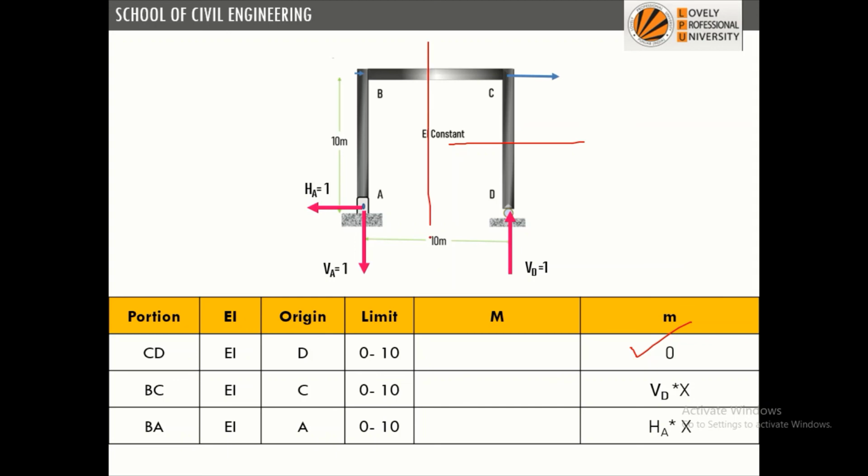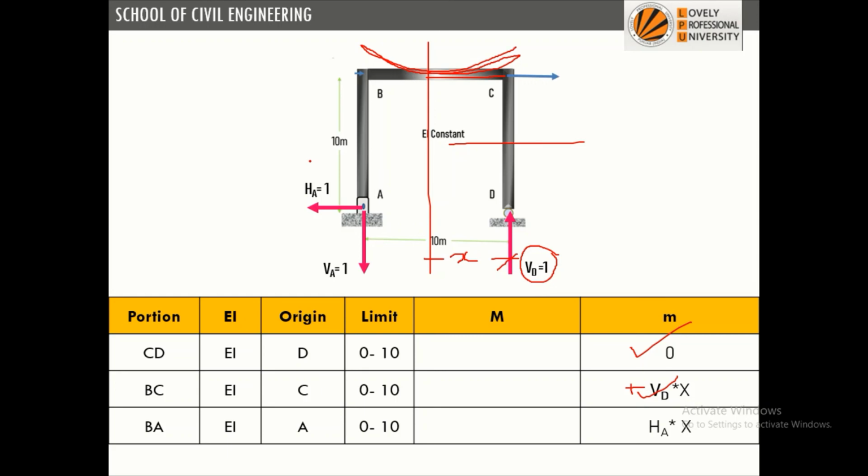Now we consider BC. We consider all the forces on the right hand side. What we find is that this force will pass through the axis of the member, so it will not give any moment; only this force will give you bending moment. This distance is x. So VD into x is positive, because of this force the member will bend like this. This is a sagging curve, so we will call it positive.